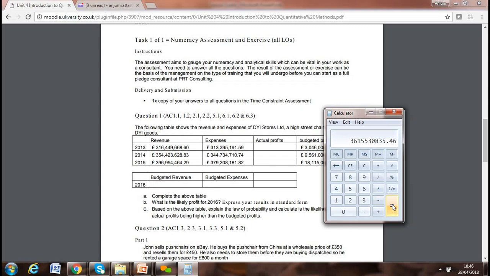So that's the difference. Divide on the base. My base was 2014, 354,423,628.83. Sorry, I just want to slow down. I think we missed the figure. We'll do it again.